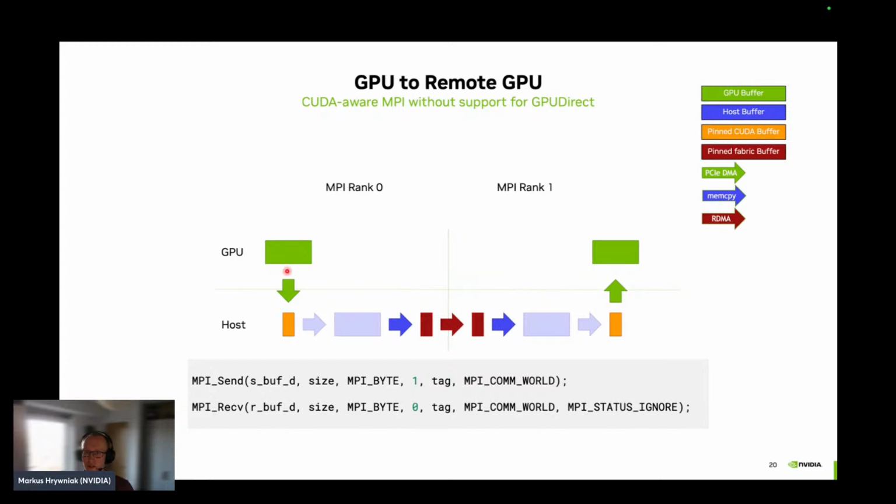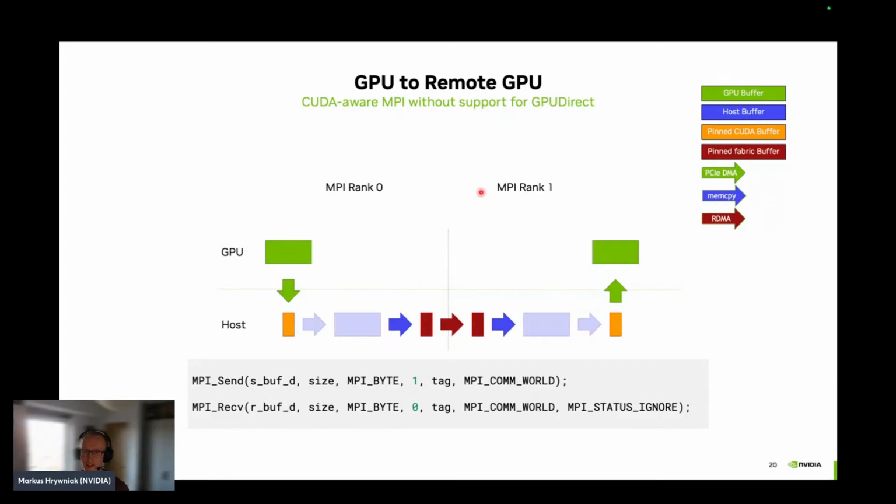And then what you need to do is post the same code. So the code does not need to change. This is portable. But under the covers, there are a lot of extra copies, because first the data needs to flow to the host through a pinned CUDA buffer. Then there is a copy into the fabric buffer for the network card to do the pipelined copy over the network, and then the same in reverse on the other node.